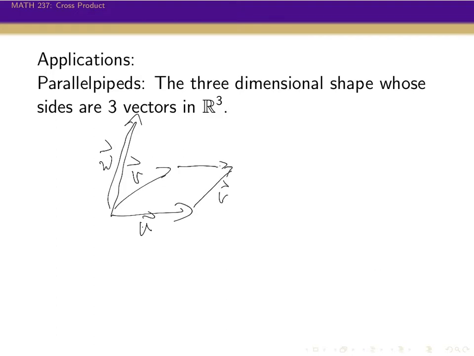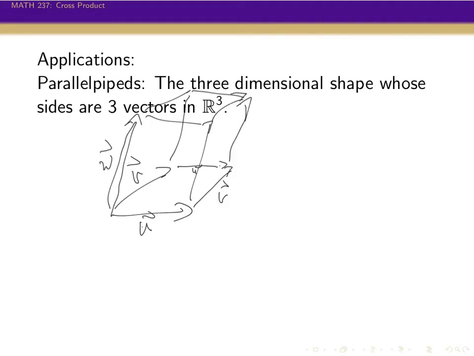So there's v again, there's u again, there's w again, some more w's. Think about it sort of as a shifted cube, which you get by just putting the three vectors in to get a closed-in shape. This shape is what's called a parallelepiped.